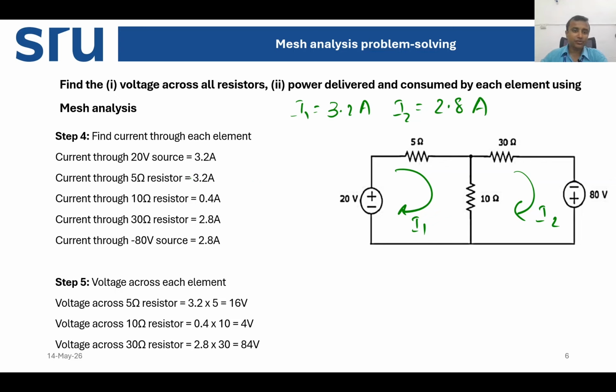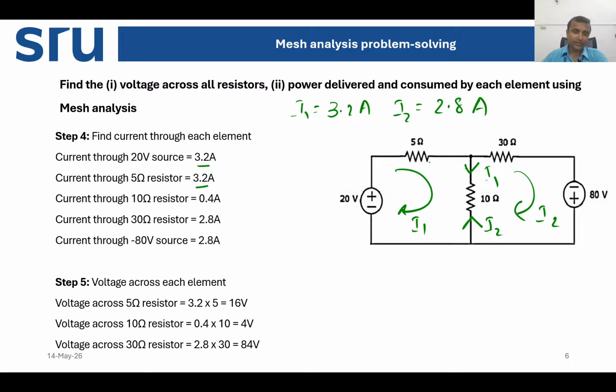Now the current through the 20 volt source is also 3.2, and the current through the 5 ohm resistance is 3.2. Now the current through the 10 ohm resistance: I1 is flowing from down to top, and I2 is going the other way.